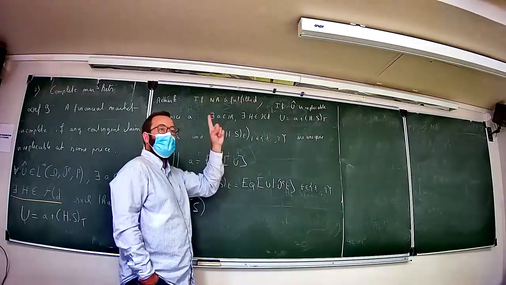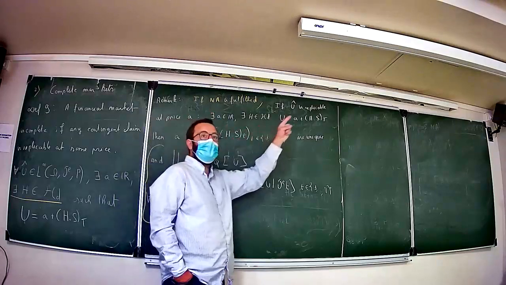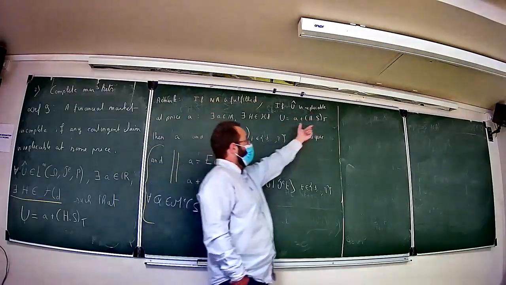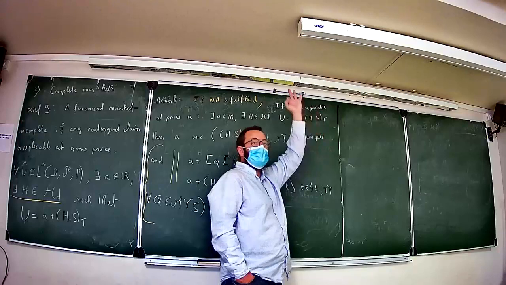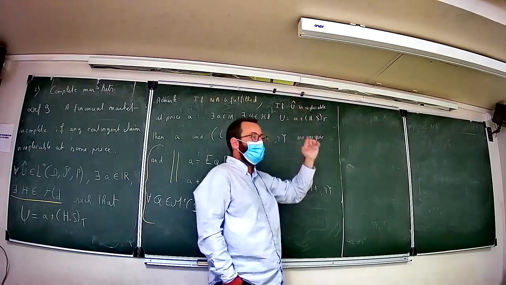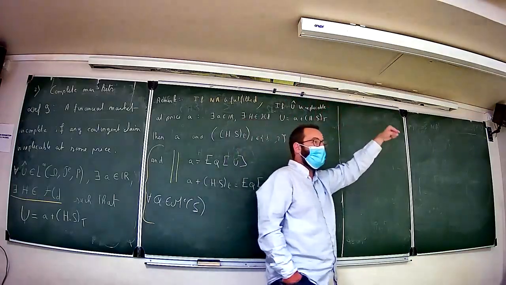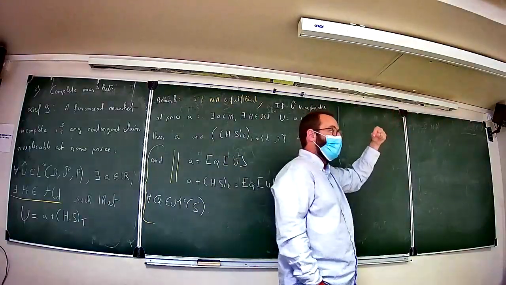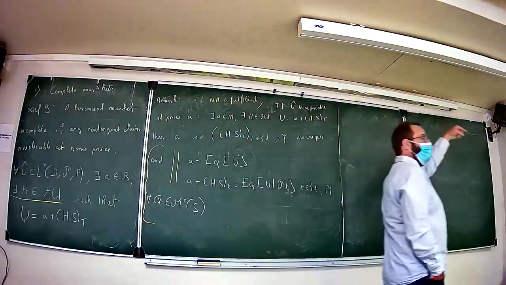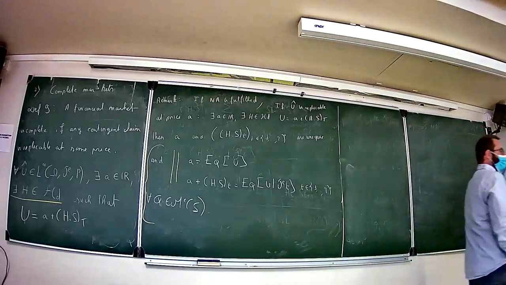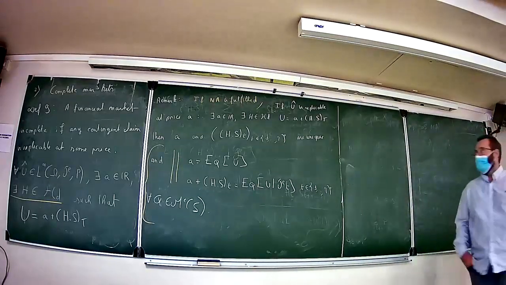Because I know that if Q is an equivalent martingale measure, it's the last lemma I have proved, the expectation under Q of this one is 0. Because it's the final value of a self-financing strategy starting from 0, knowing that the actualized value is a martingale, so it is constant in expectation and equal to 0.